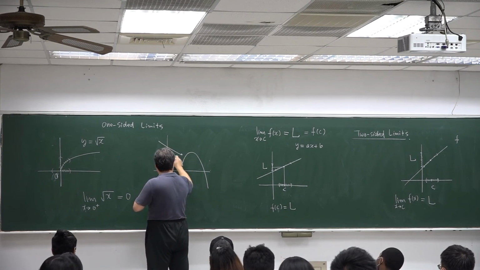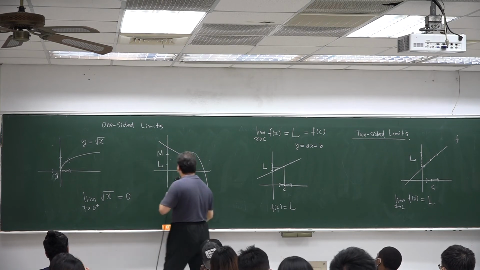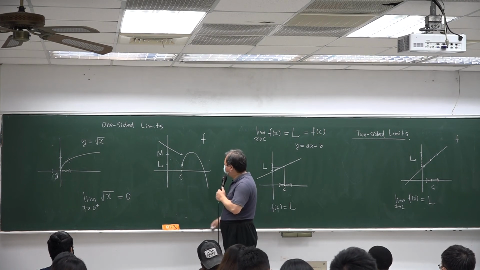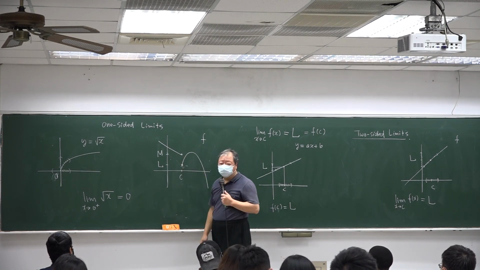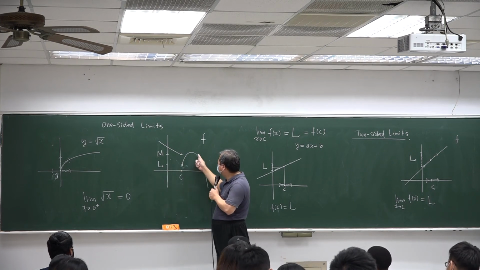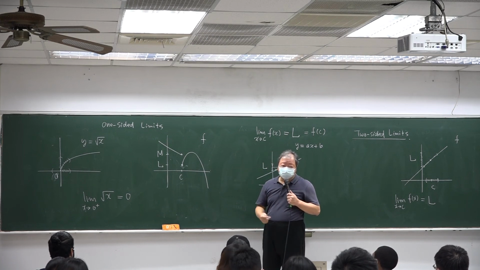Suppose this is M, this position is L. The function f combines two different formulas. One is linear on the left of the number c, another is quadratic, I mean a polynomial of degree 2.